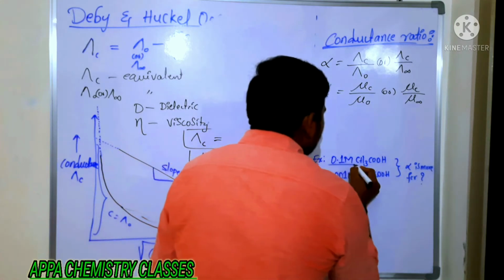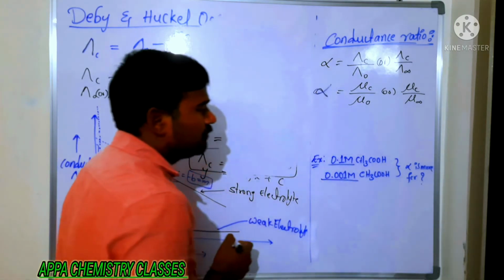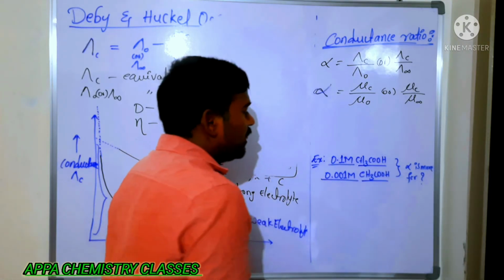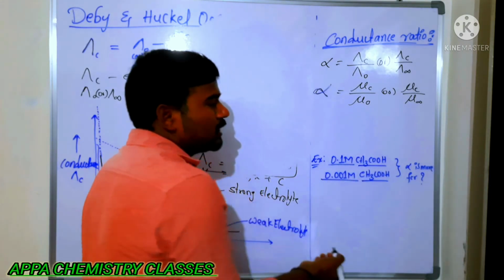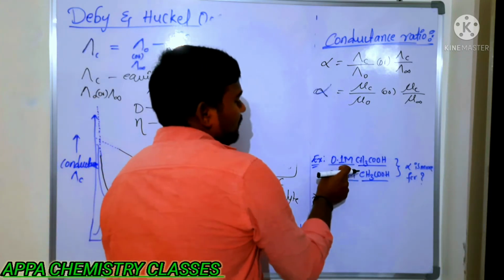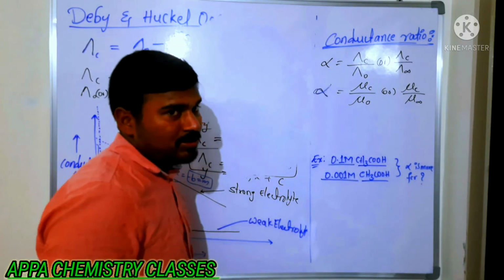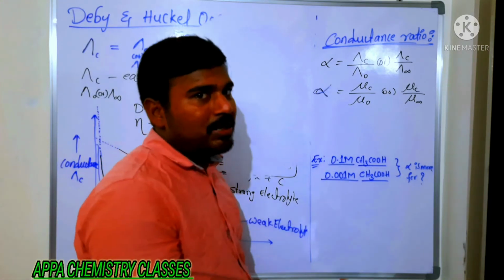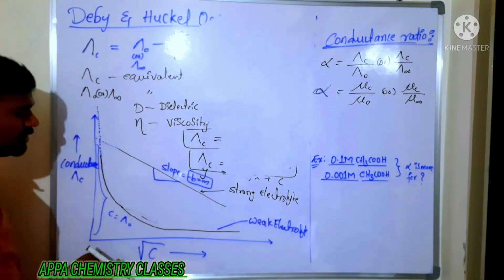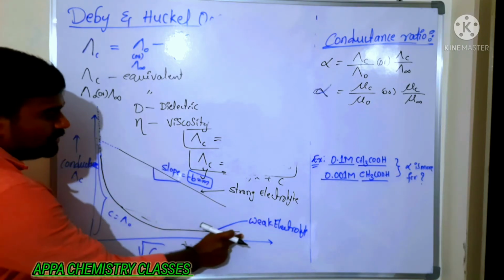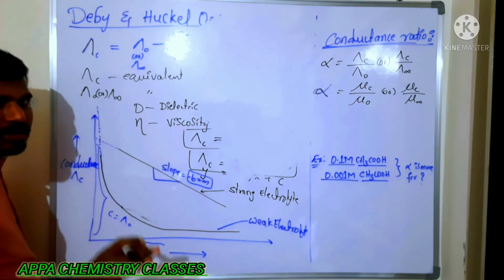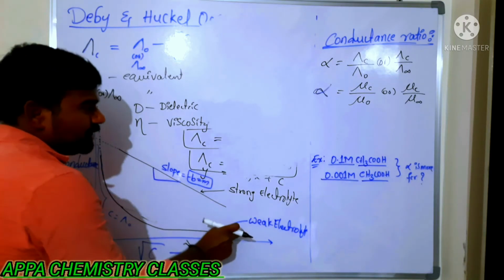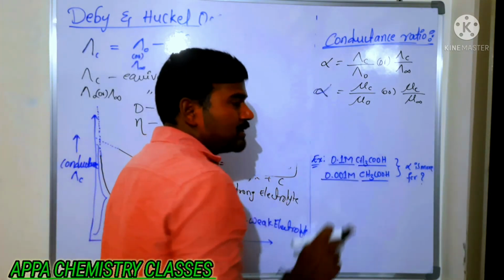Now among these, which one will have more conductance? Both electrolytes are the same, acetic acid. What is the variation you are observing? Concentration is the variation. One has more concentration, one has less. I just explained that in acetic acid, as concentration increases, the conductance of the weak electrolyte decreases.